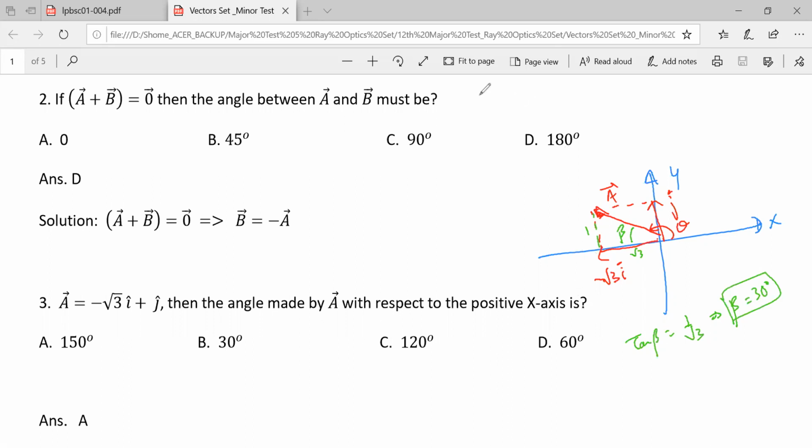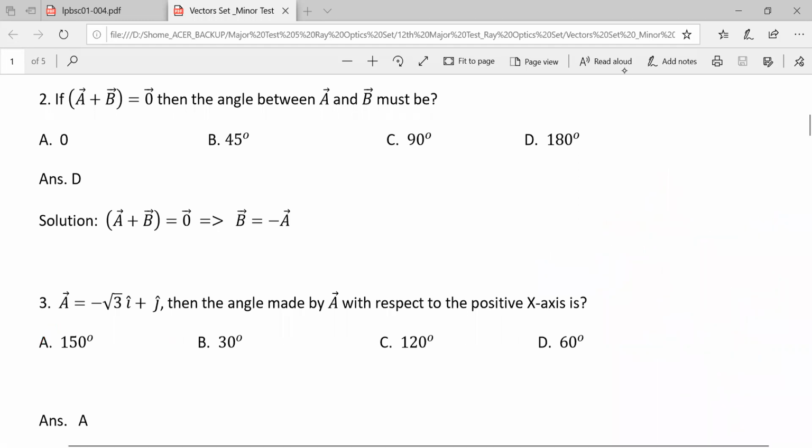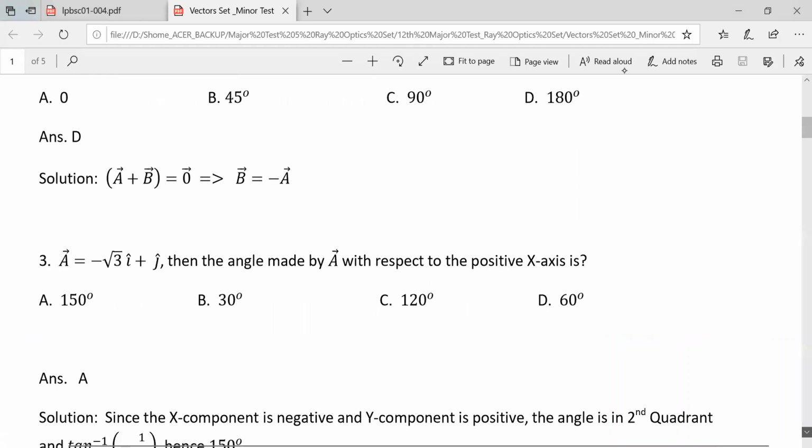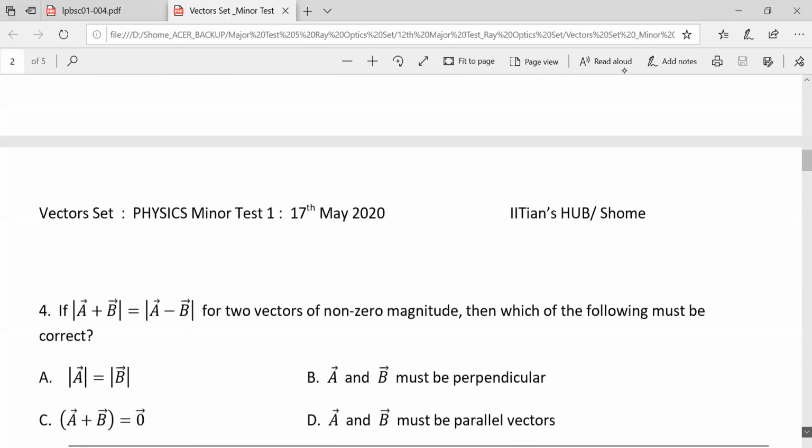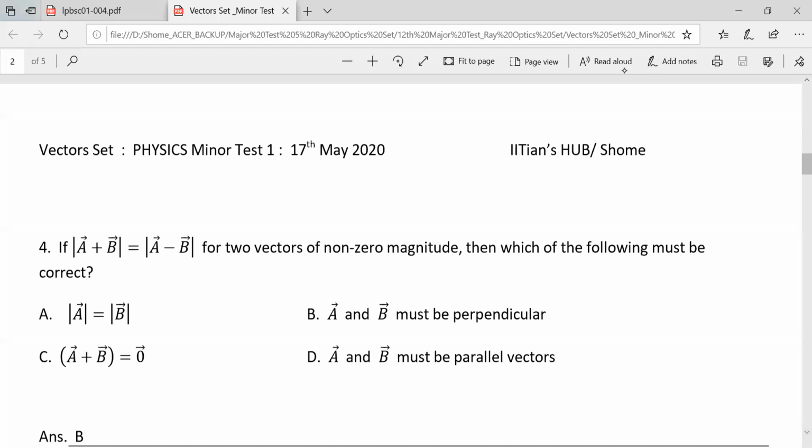So that means, coming back to this, theta... Okay, now try out this question.